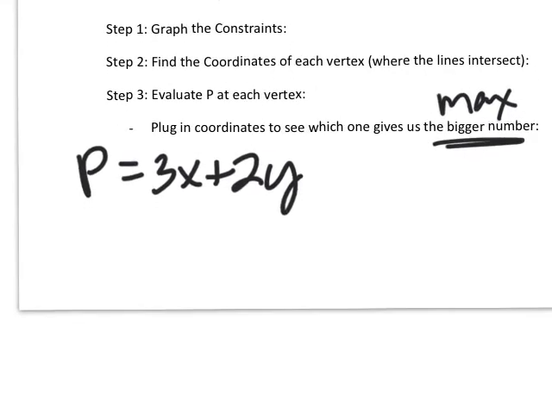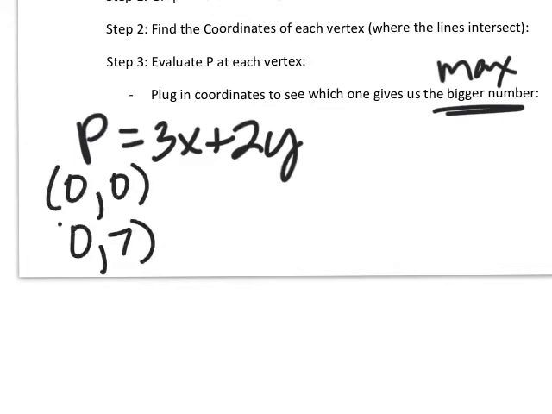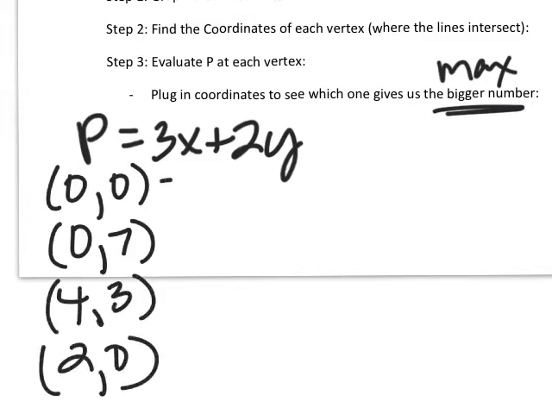So the first point that we want to plug in, let's just list all of our points from that graph that I just did: (0, 0), (0, 7), (4, 3), and (2, 0). Okay?